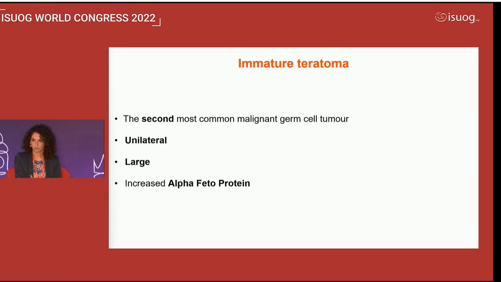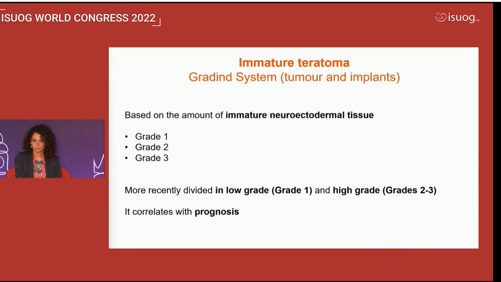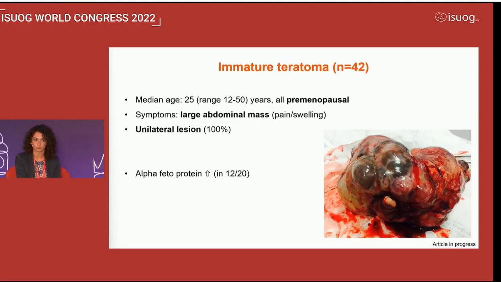So, according to the textbook: unilateral, large, increased alpha-fetoprotein, young patient, and it is based on the presence of immature neuroectodermal tissue, and according to the amount, it can be graded as low grade or high grade, and this is important for the prognosis. And we collected 42 cases.